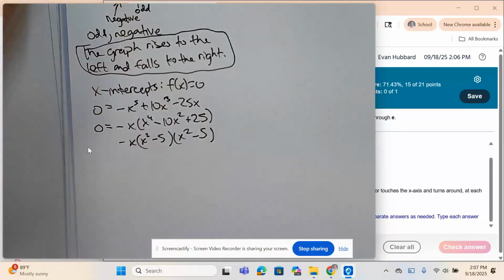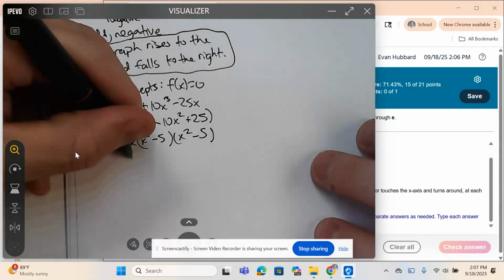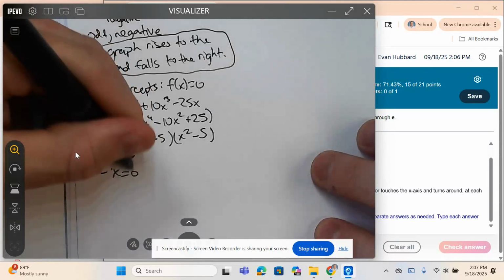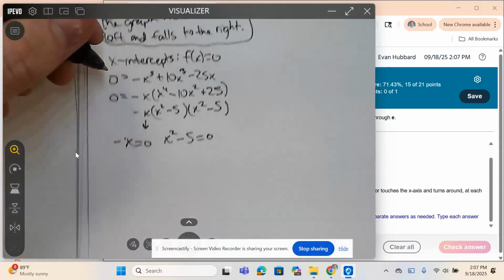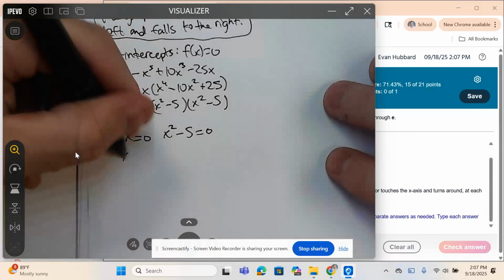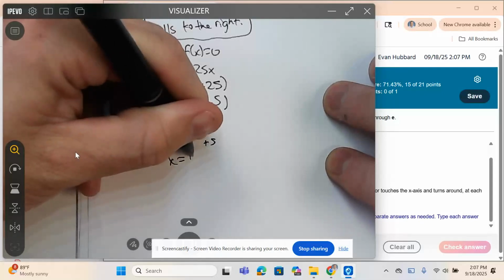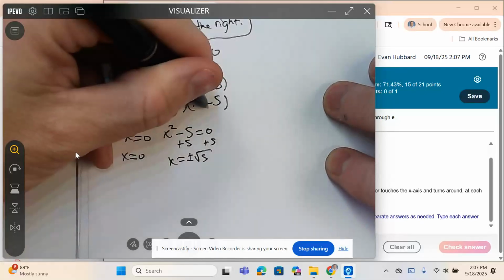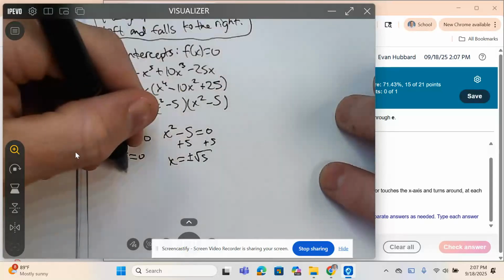Okay. So then these are going to be radicals. So I'm going to do negative x equals 0, x squared minus 5 equals 0. So that's just going to be 0. But this one's going to be plus or minus the square root of 5, and that's going to happen twice, because it happens with this one too.